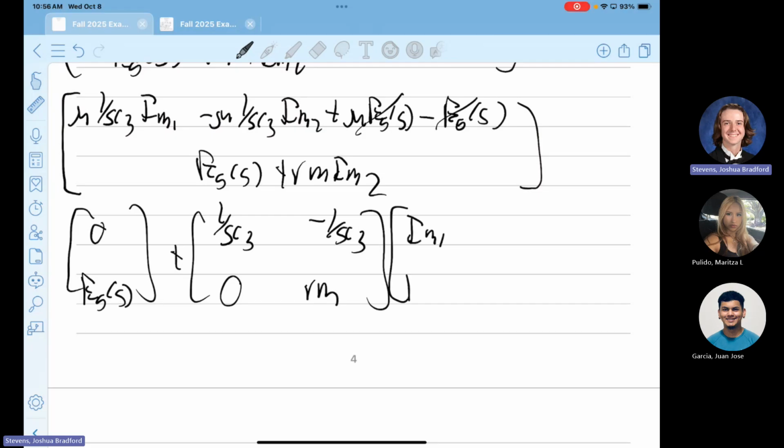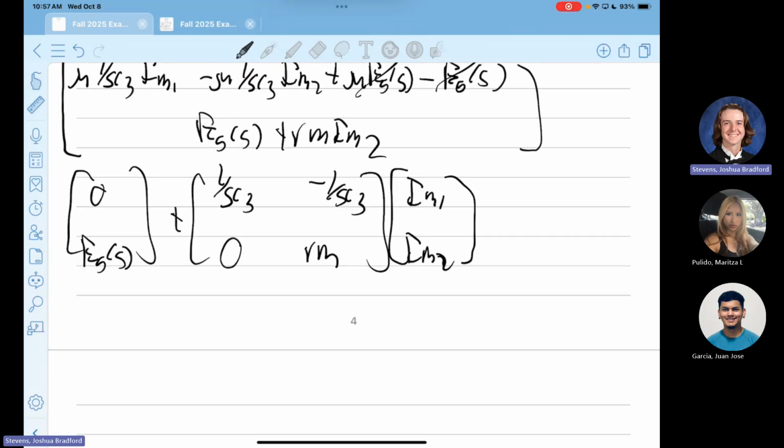This is all multiplied by IM1, IM2. Can everybody see how I did that? Yes, no? Yeah. Sweet. Cool. We're still on the right side of the equation, right? Correct. Yes. Sorry, I didn't preface that, but yes, we're on the right side.